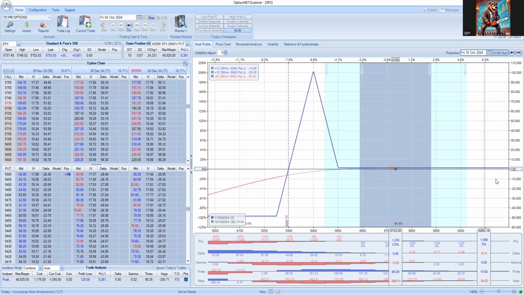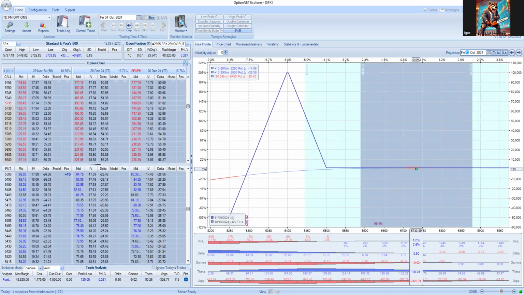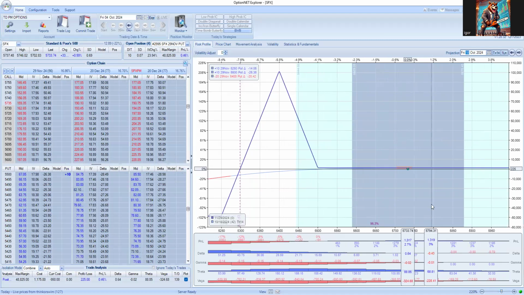Let's say we are somewhere around 5,800 in the next 14 days, right? We know that if the price runs higher, at expiration, we cannot make any more than the credit that we collected.